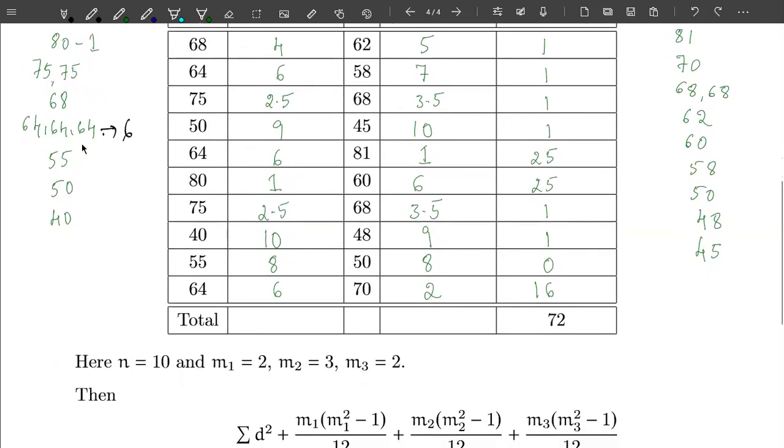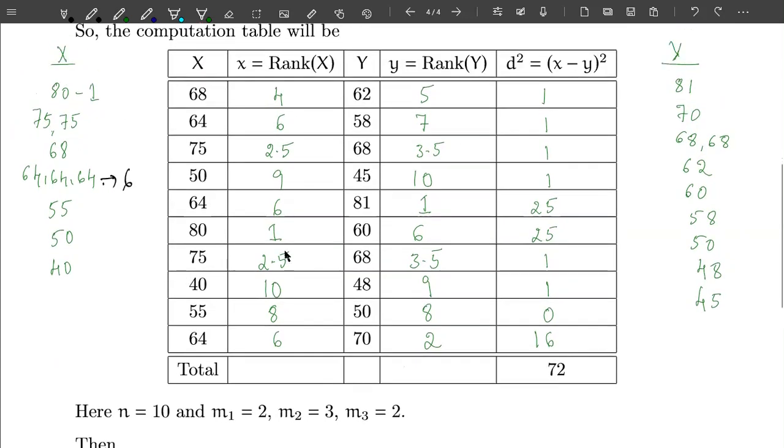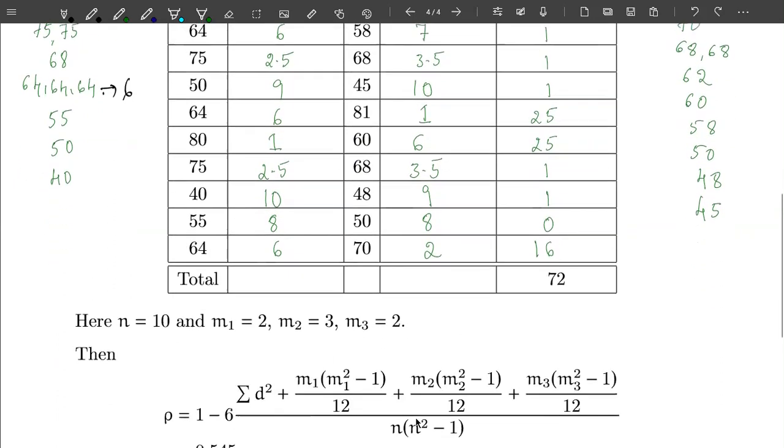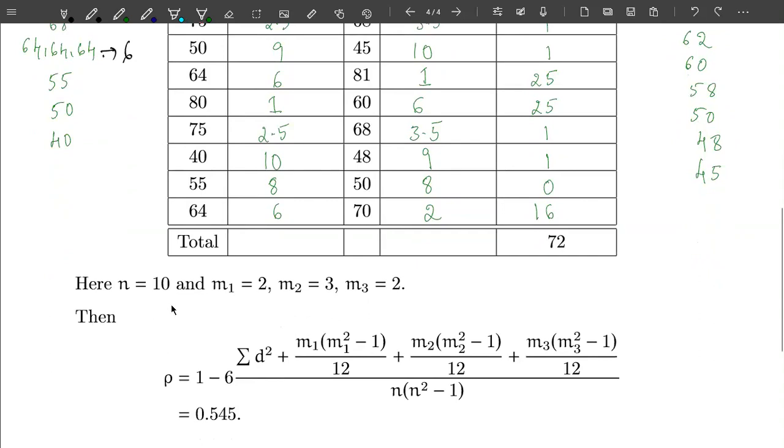Then after that, 64 repeated 3 times, so M2 is equal to 3. That is for x. Then if you consider y values, 68 appeared 2 times, so M3 is equal to 2, and n is obviously equal to 10, and summation d square is already calculated, it is 72. Now put these values in the formula given and calculate the value of rho, and rho is equal to 0.545.